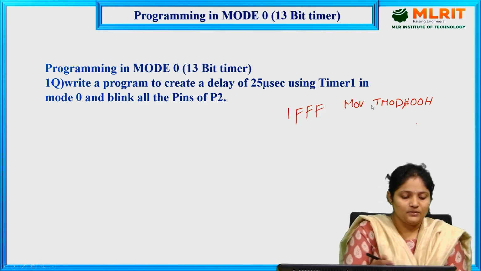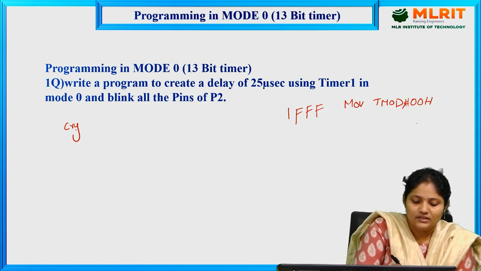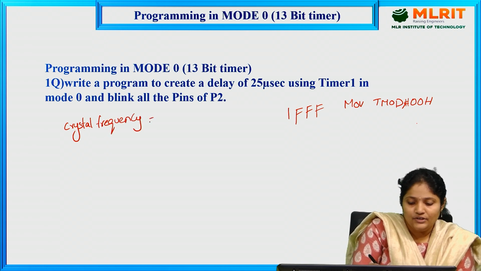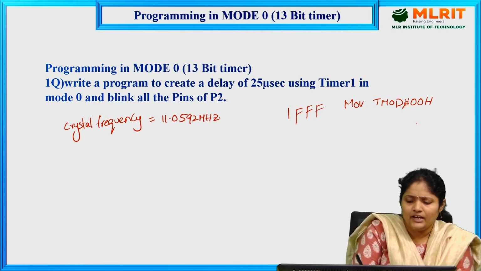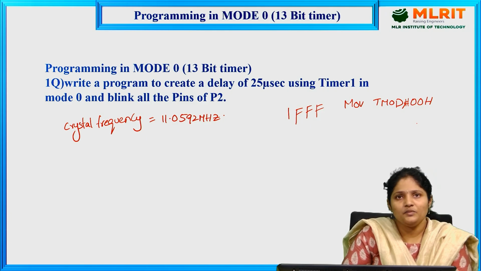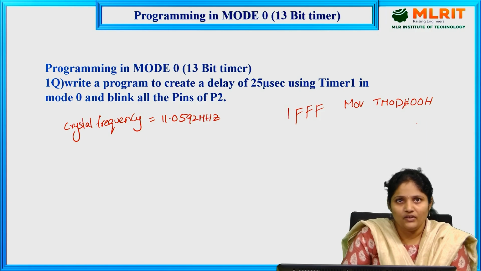So here, as we all know, the crystal frequency of controller 8051 is 11.0592 megahertz. Sometimes they will consider 12 megahertz, but the 8051 works on 11.0592 megahertz, so that's why we need to take this one.